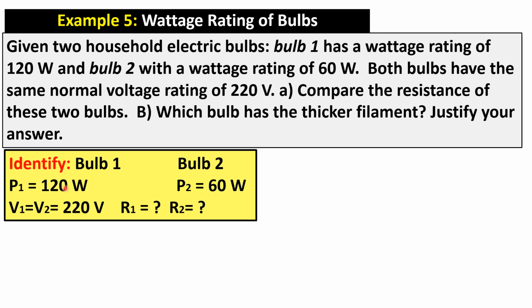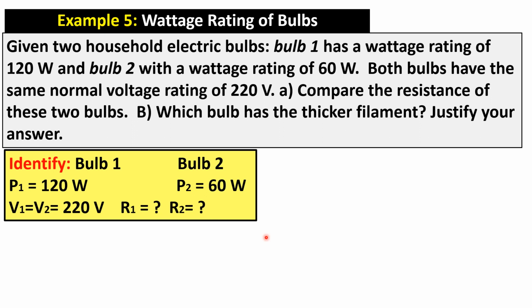And since the two bulbs are connected to the same power source with a voltage of 220 volts, V1 is equal to V2, 220 volts. We need to find the resistance for each bulb, R1 and R2.